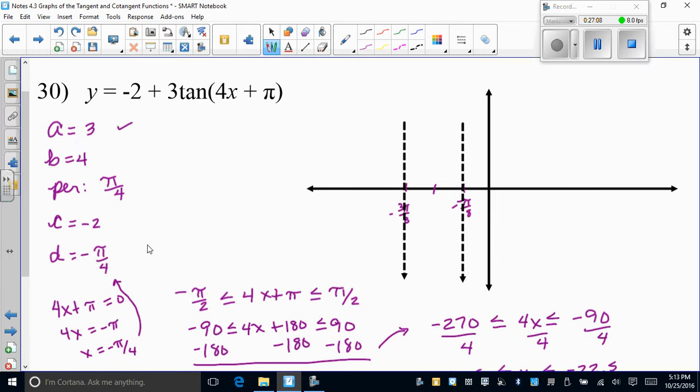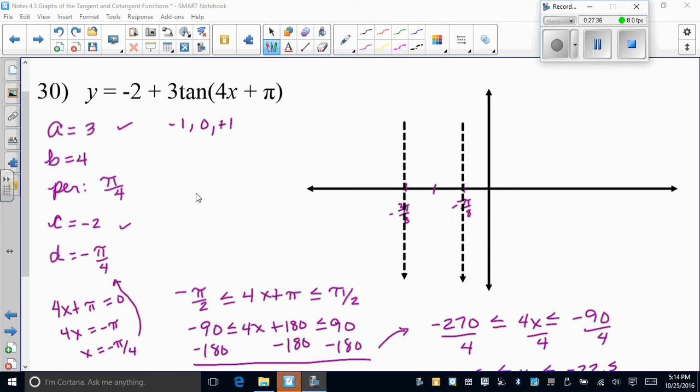So if you remember, tangent goes vertical asymptote, 1, 0, negative 1. I lied, no, that's cotangent. Yeah, it goes the other way: negative 1, 0, 1, because we're starting in quadrant 4. Negative, 0, goes positive.